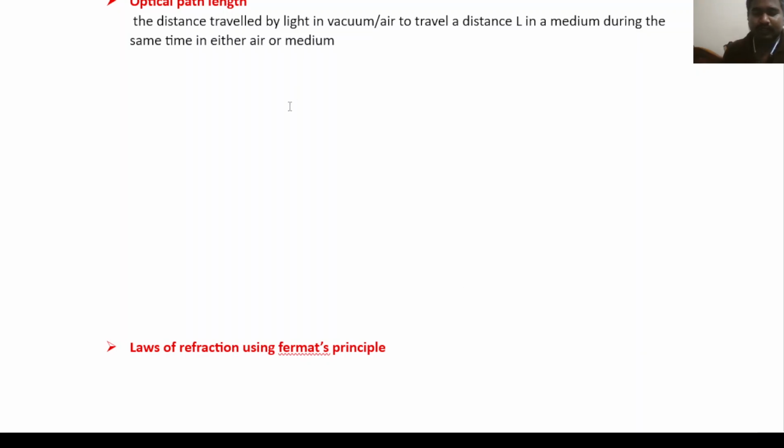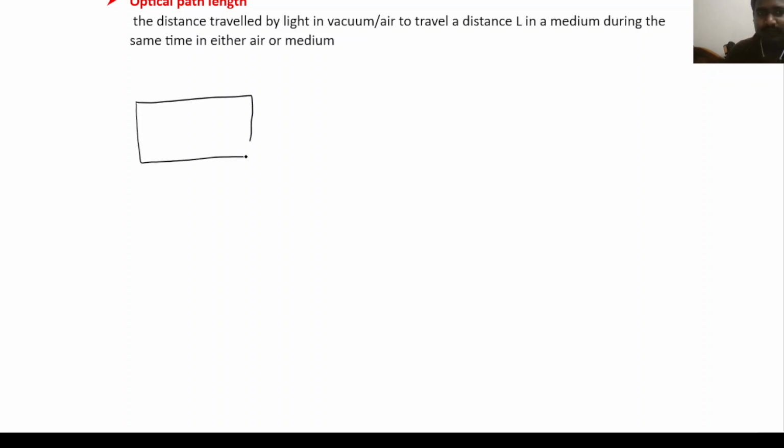Now you can see. I'll take two different media to understand this concept. One is a rarer medium. Let us take it as one medium, and here I'm taking one more medium. Okay, two different media I will take.